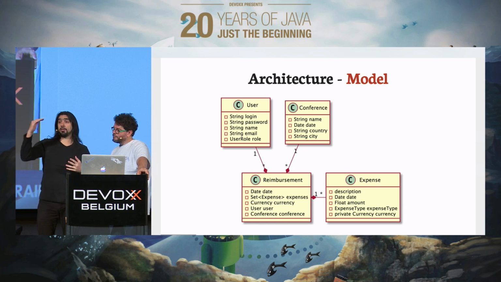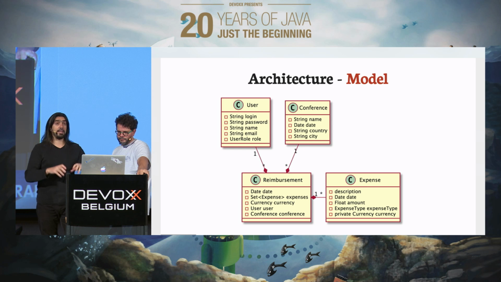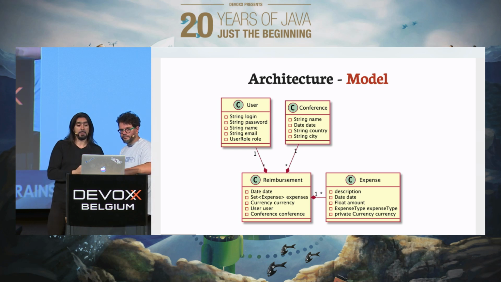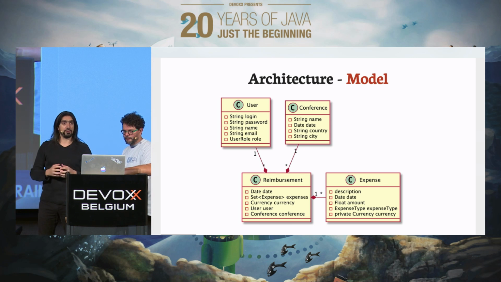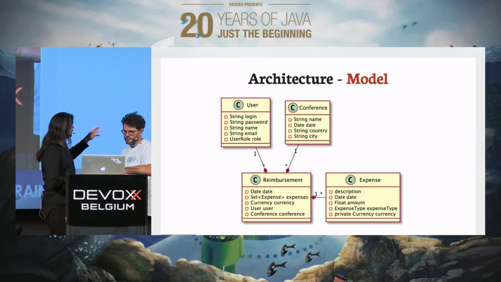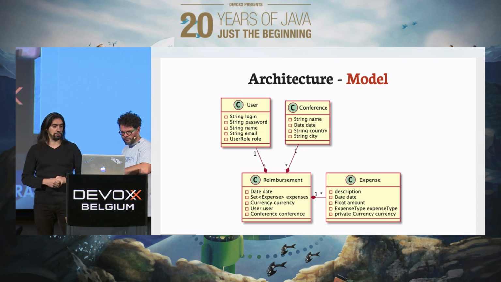And this user does a lot of expenses. And as you can see, an expense has a type. Is it the train? Is it the transport, hotel, food? An amount. And then you ask to be reimbursed. So a reimbursement is a set of expenses. So this is the model that we will be using. As you can see, there's one-to-one, one-to-many type of relationships.